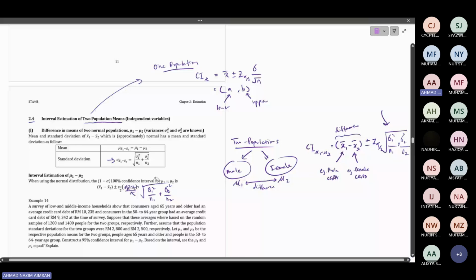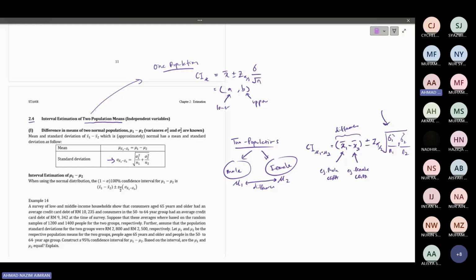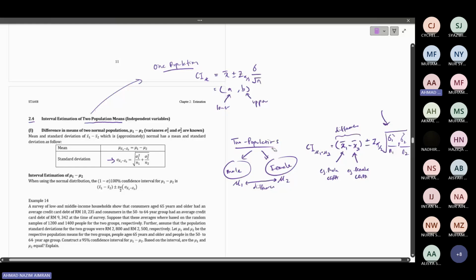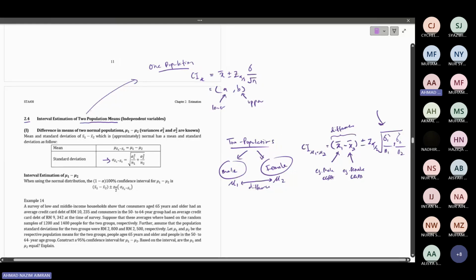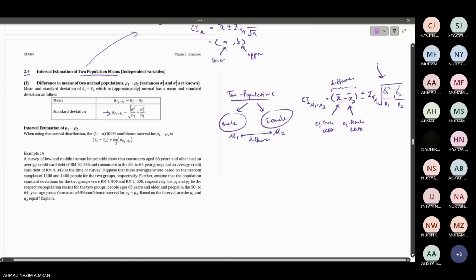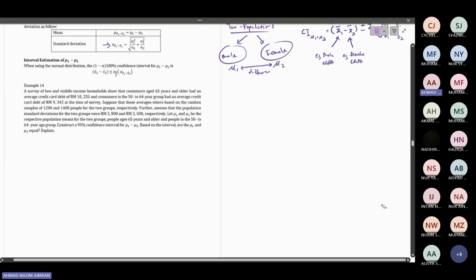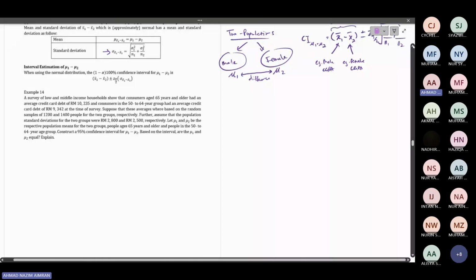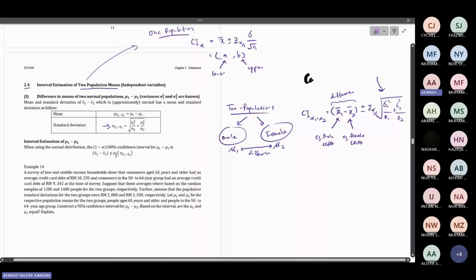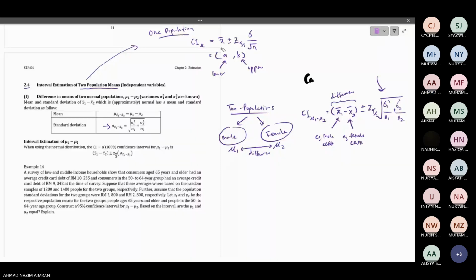All right, for two population means there are three cases. Let me share them. This is case number one, and this is case number two.